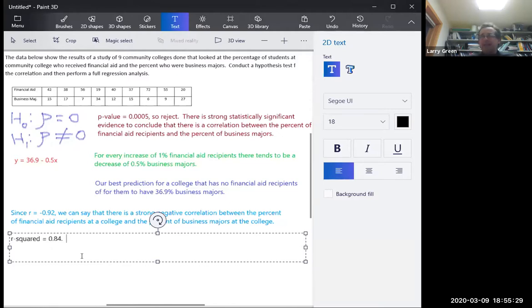But the interpretation is very different. So here's what we can say. There is a relatively large variation from college to college in the percent of business majors.